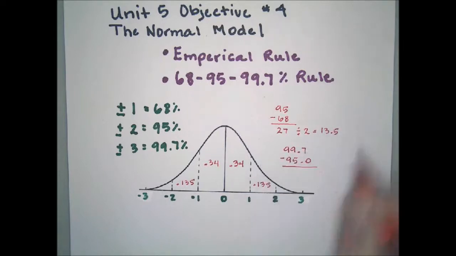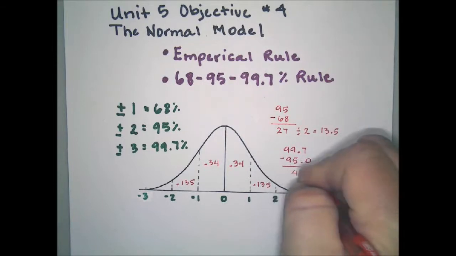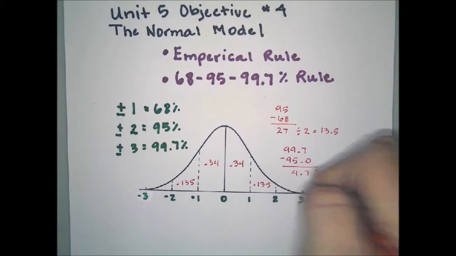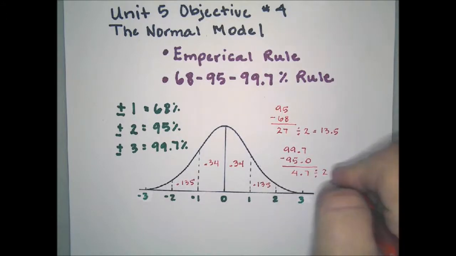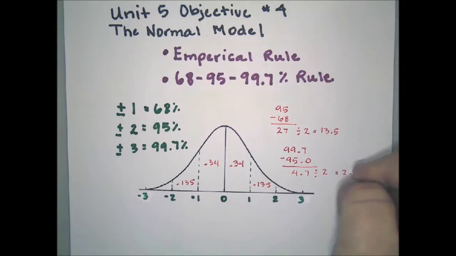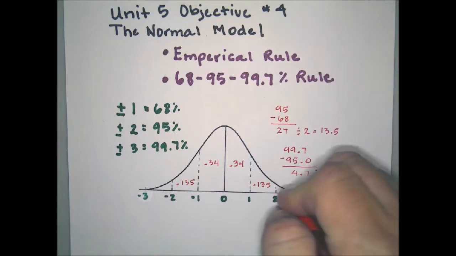So we subtract, and we get 4.7. Divide that by 2, because half of it belongs up here and half of it belongs down here. And that gives us 2.35. So as a decimal, it's 0.0235.